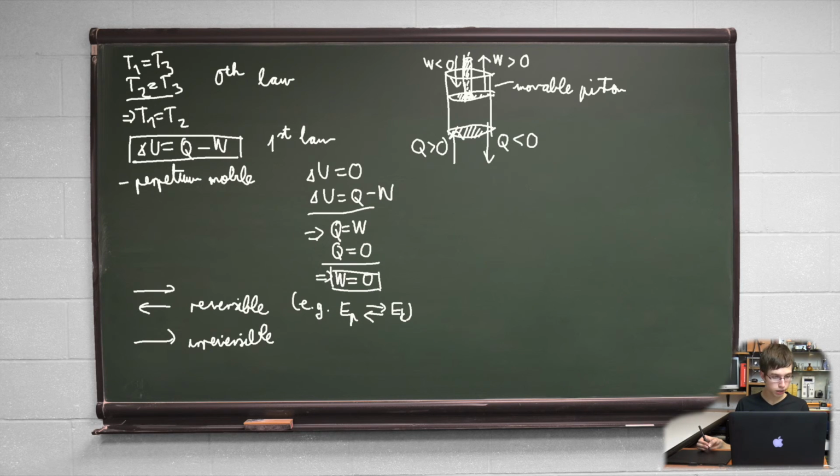So the hot body will hand over a part of its energy in the form of heat, thermal energy, to the cold body. This is a spontaneous process, which is irreversible. It cannot spontaneously go in the other direction, with the cold body handing over a part of its energy to the hot body, unless some work is done.